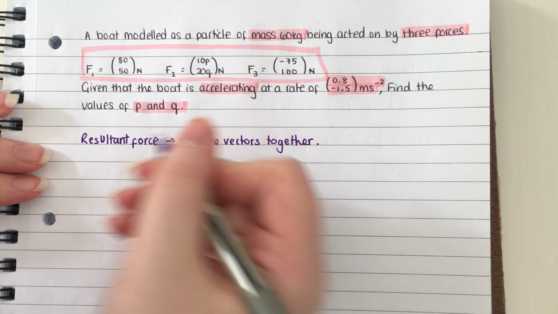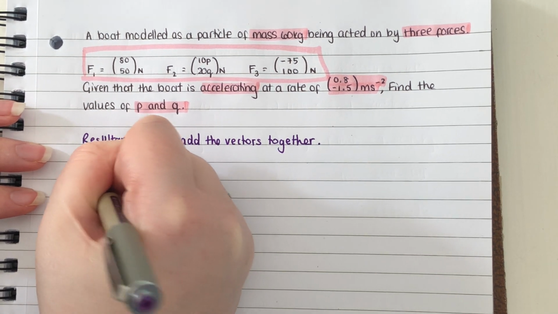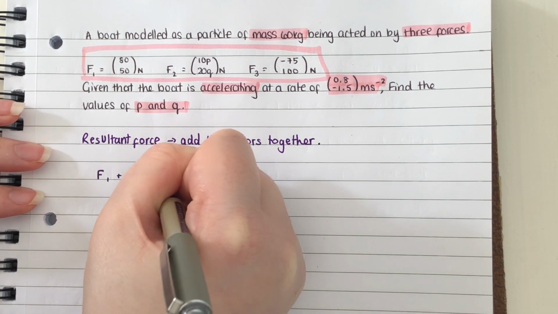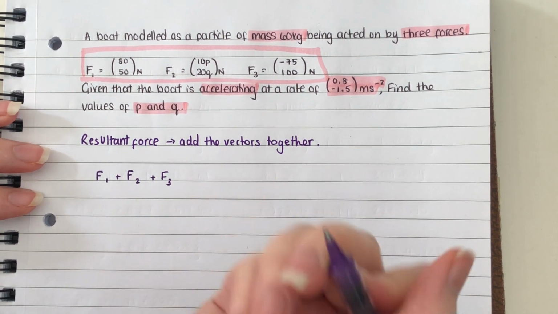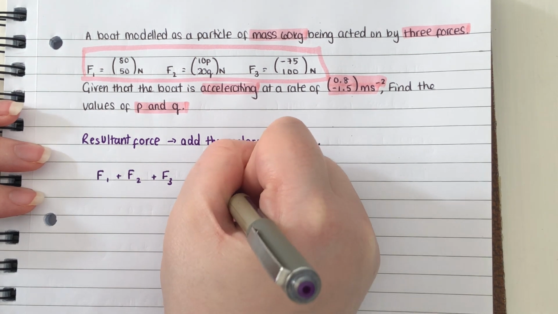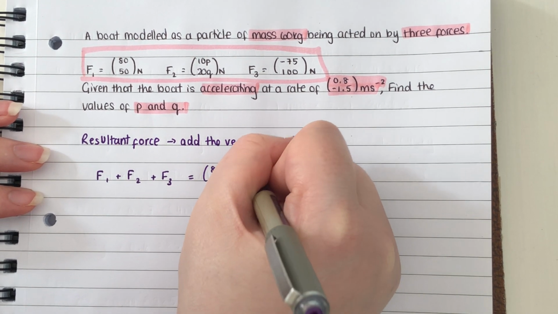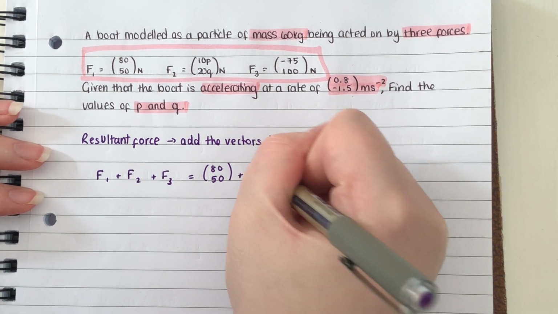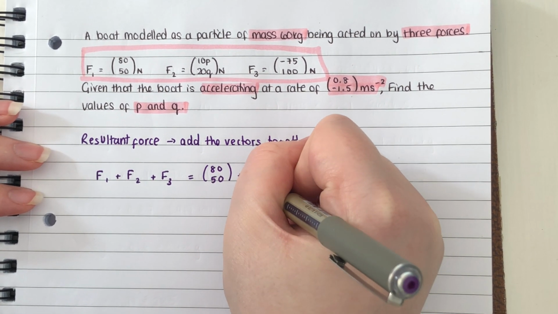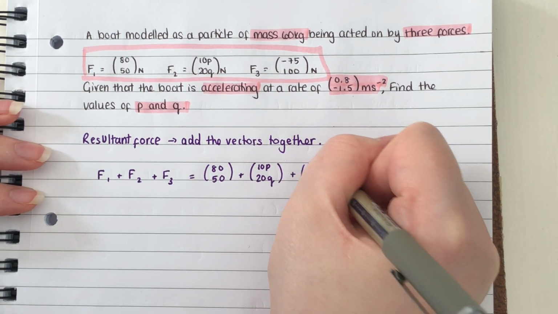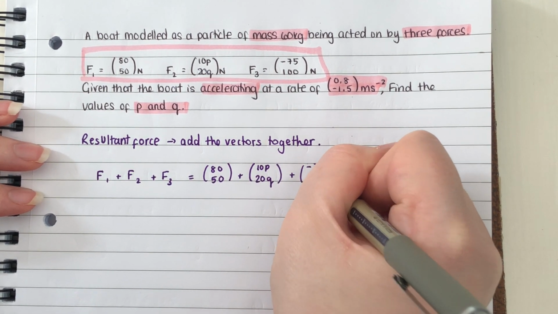So we're going to start off with finding the resultant force. To do that, we're just going to add F1, F2 and F3 together. F1 is 80 and 50. I'm not going to add the newtons in at the moment, because we obviously know it's newtons since it's the same for all of them. Next one, 10p and 20q, and minus 75 and 100.